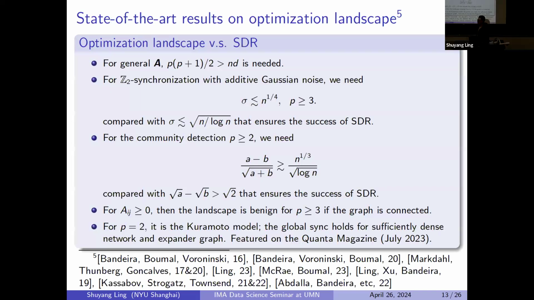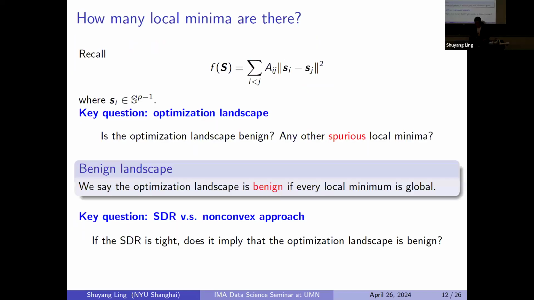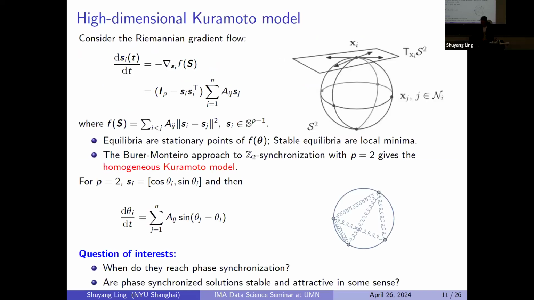Why is the gradient flow problem so relevant to studying the original problem? Okay, this gradient flow is essentially, if you discretize it, basically gradient descent.